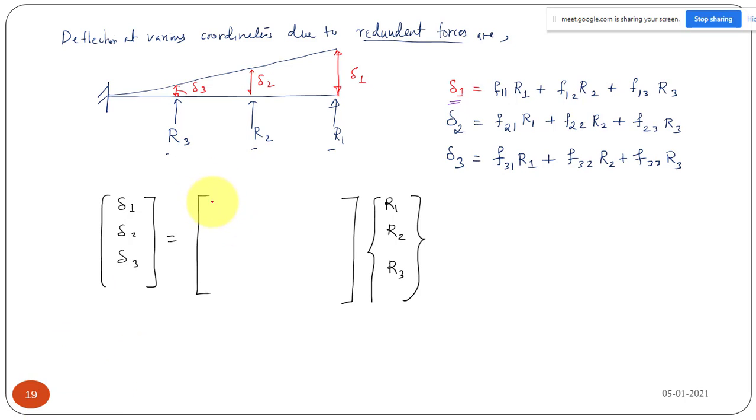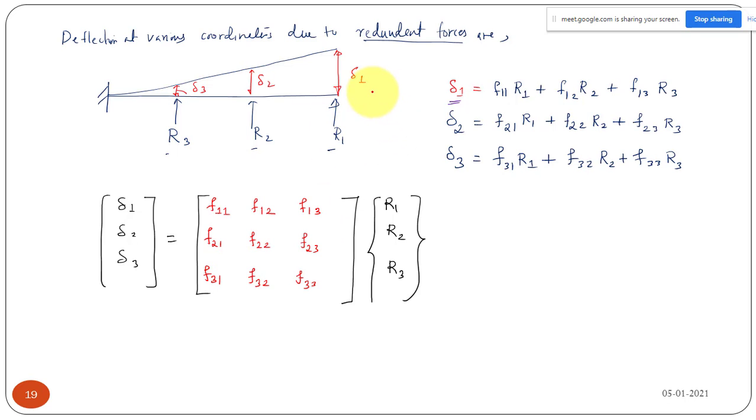The elements will be F11, F12, F13, then F21, F22, F23, and F31, F32, F33. So in matrix form, these three equations I can write.